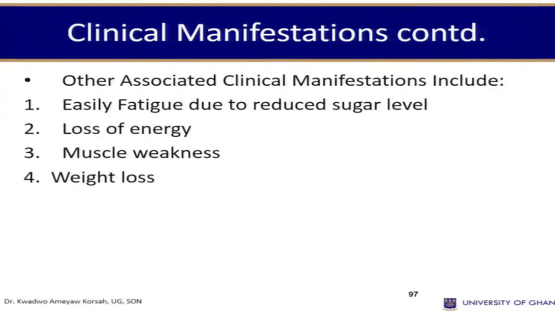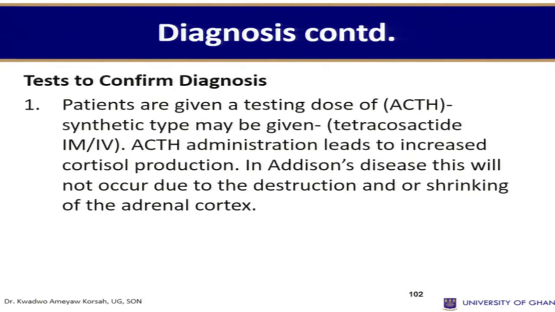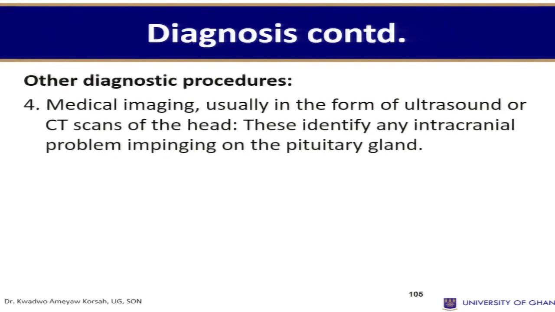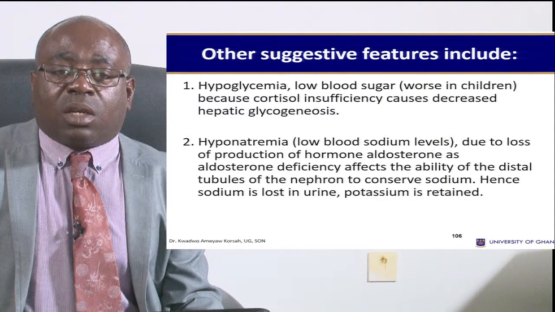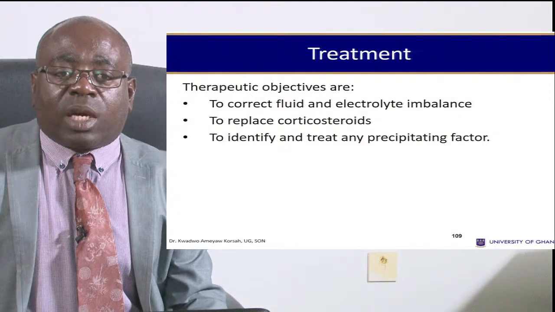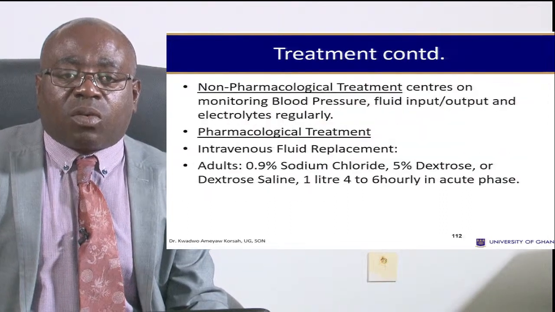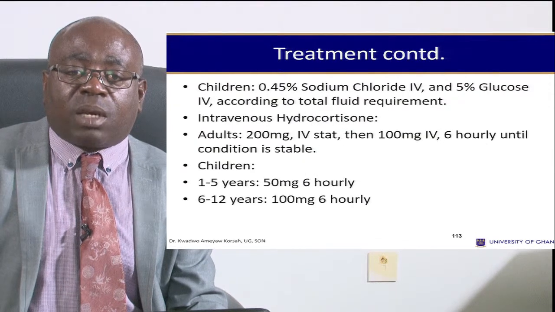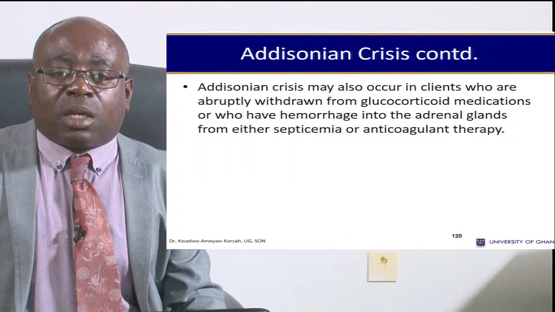So take your time, go through, and then with diagnosis also provided, and then the tests that you need to do, as well as other diagnostic procedures that may suggest the condition that has occurred, and you have to also look at the treatment based on the treatment objectives, and then also consider non-pharmacological treatment and then pharmacological management, and also complications that are treated.